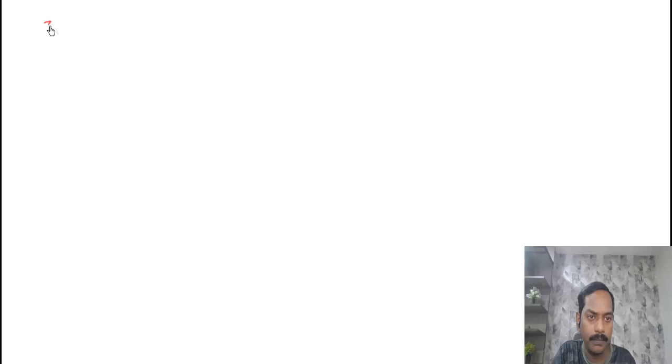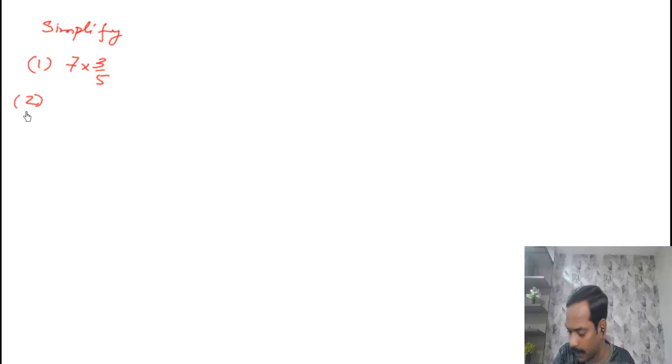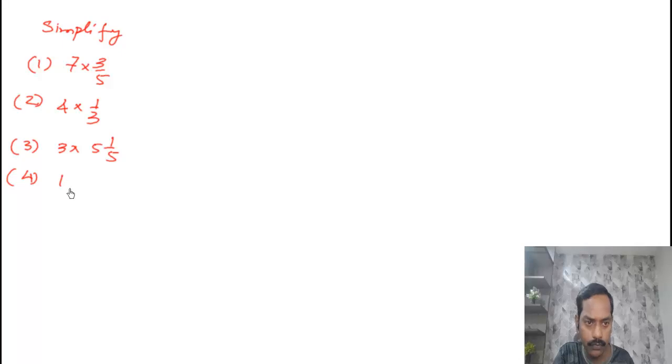So just simplify first. I'm just writing and I'll give you some time for it. We have to do this. Second, we have to do 4 into 1 by 3. Third, we have to do 3 into 5 1 by 5. Fourth, we have to find half of 2 3 by 4, right?